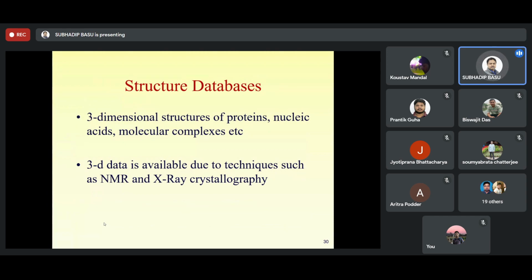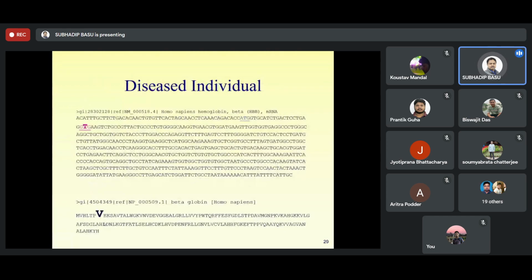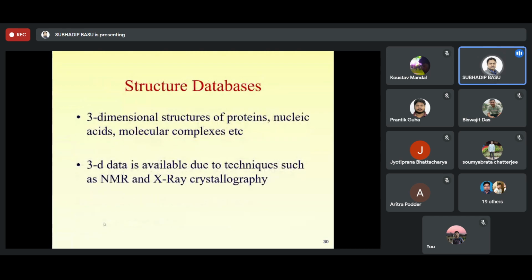So these are unfortunate situations, and then you have some more information like structural databases, with the 3D structures of proteins, nucleic acids, molecular complexes, and there are many mechanisms by which we can extract the three-dimensional structures, mainly NMR and X-ray crystallographic experiments.